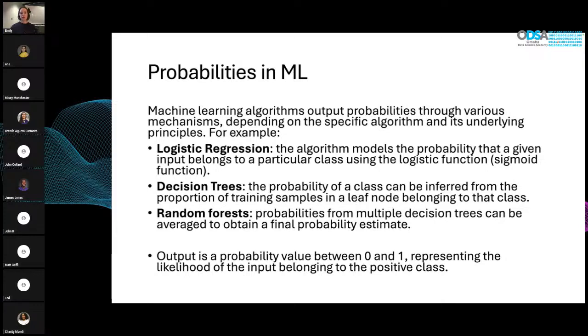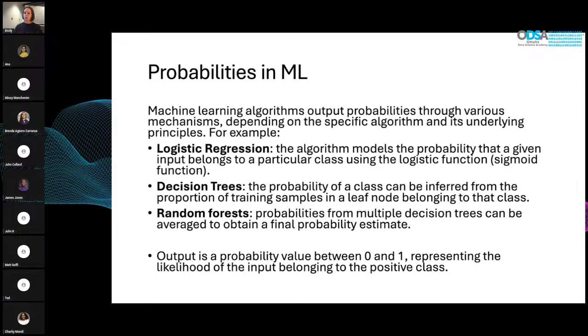So logistic regression, which we spent a lot of time on last class, outputs a probability that something belongs to a given class using that logistic function, that sigmoid function. Remember that S function that mapped inputs from an infinite range to probabilities between 0 and 1. Is it 0.2, is it 0.7?